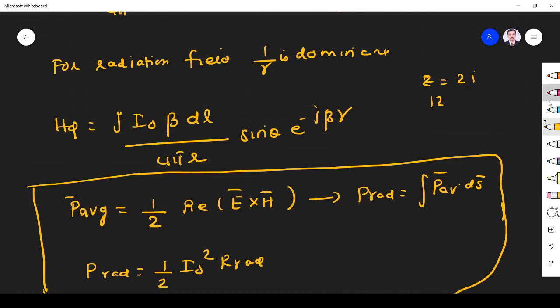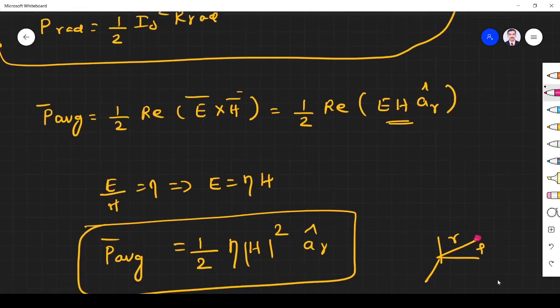From this we can find the magnitude of H, which is equal to I naught beta dl divided by 4 pi r, sine theta. The e power j theta magnitude is 1, so it is simply I naught beta dl by 4 pi r sine theta.